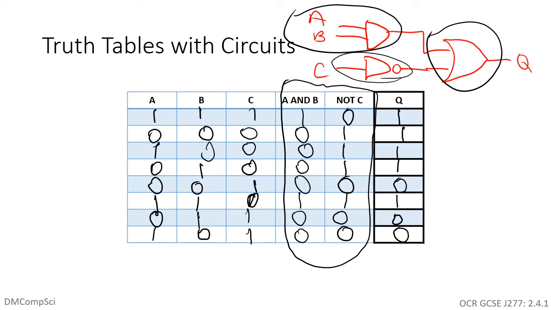With truth tables, although this may not be GCSE, people do often draw conclusions about a circuit from truth tables. So for example, although it's not a very useful conclusion that we can draw, we can say that if ever the input of C is a 0, Q will always be 1, because if C is 0, we're inverting it, that will change to a 1.